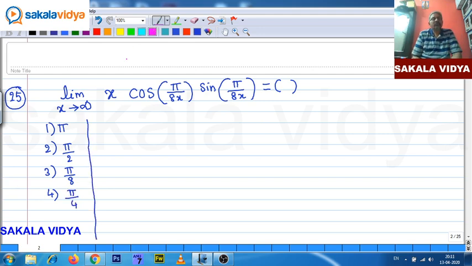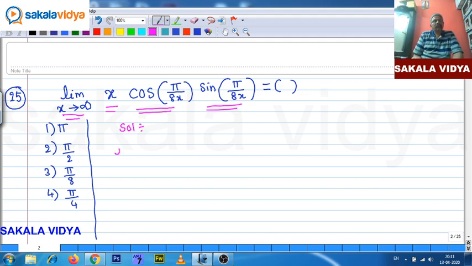So now here, see, limit x tends to infinity, x cos of pi by 8x sine of pi by 8x. Okay, let us try ourselves first. See, first this can be written like this.